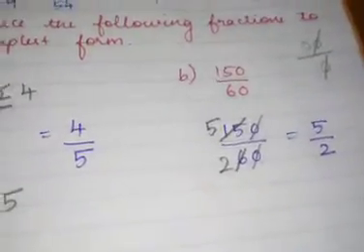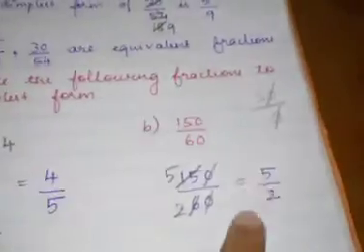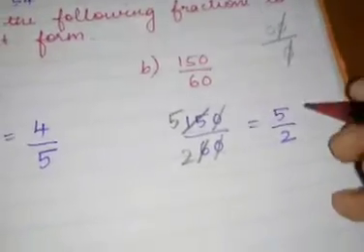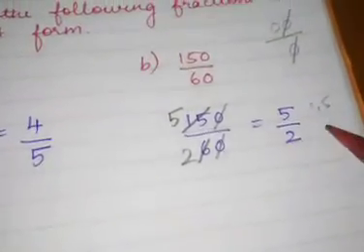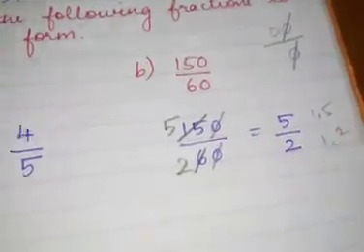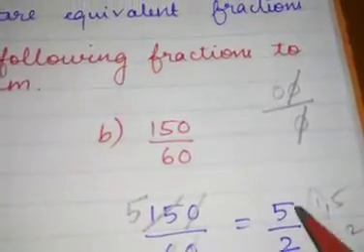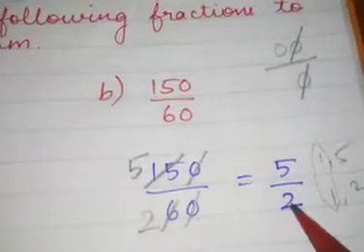Listen children, we have to stop the cancellation until the only common factor is 1, if both are co-prime numbers. What are the factors of 5, children? 1 and 5. What are the factors of 2? 1 and 2. What is the common factor of both the values? Only 1. So 5 and 2 are co-prime numbers, right?